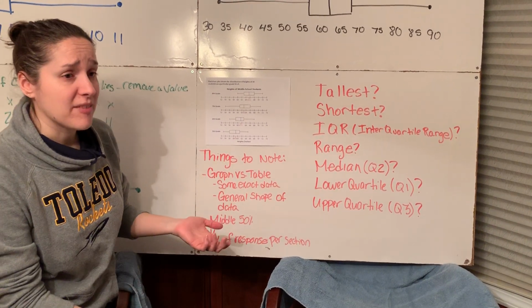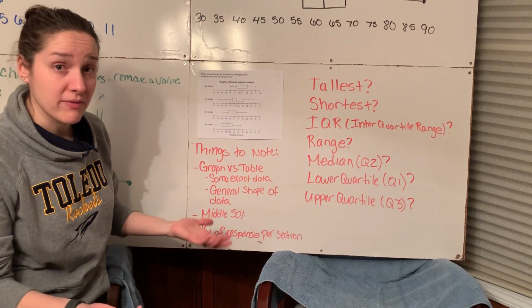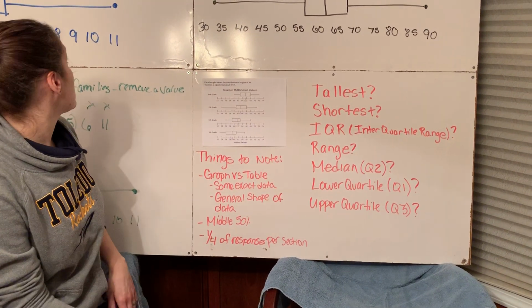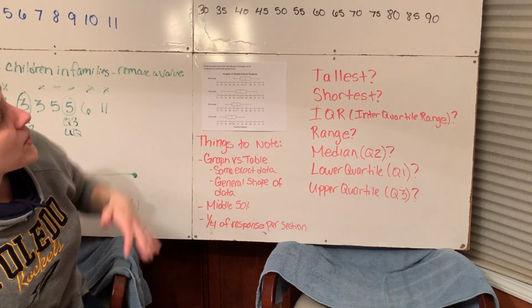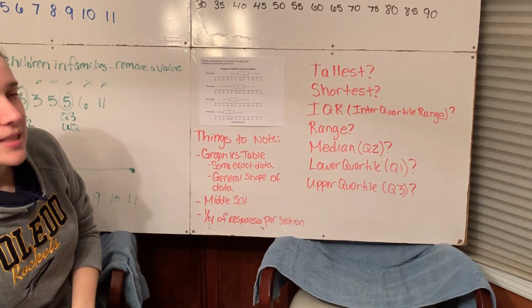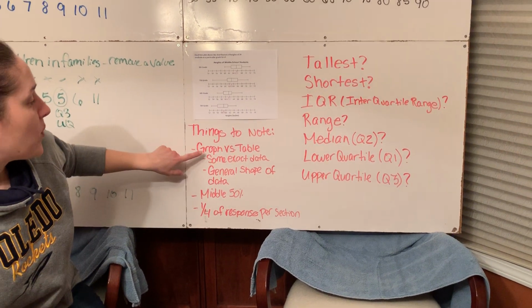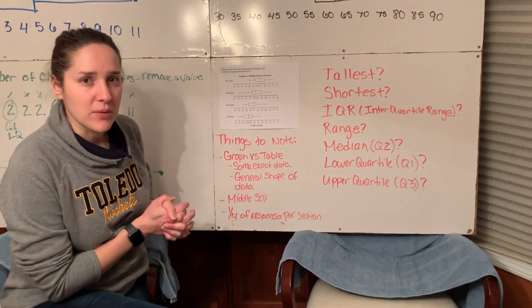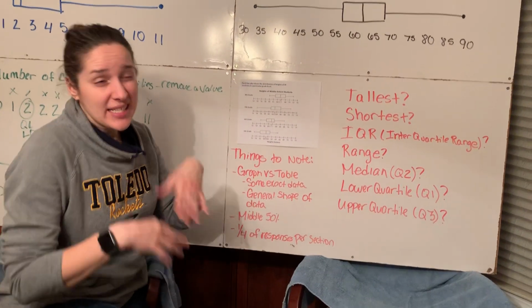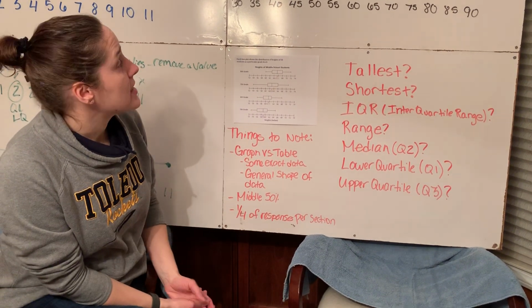For example, a lot of people say that they like graphs because they could see the general shape of the data. We can kind of see the general shape of the data by looking at this. We can see low amounts, we can see high amounts, we can see where there's a lot of people. I'm going to talk about that in a second. We can see some exact data. That was a downfall of what a lot of students said with the graph, that you can see a general idea of the shape of the information, but not too many exact numbers.